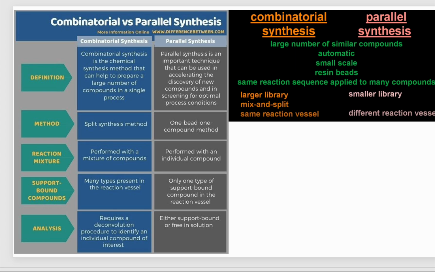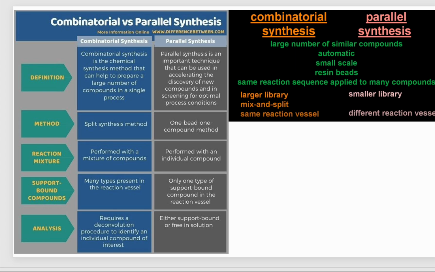So in combinatorial synthesis, suppose you have A, B, C, D, four things that are combined together. What we do is mix everything with everything, and there is no particular sequence.